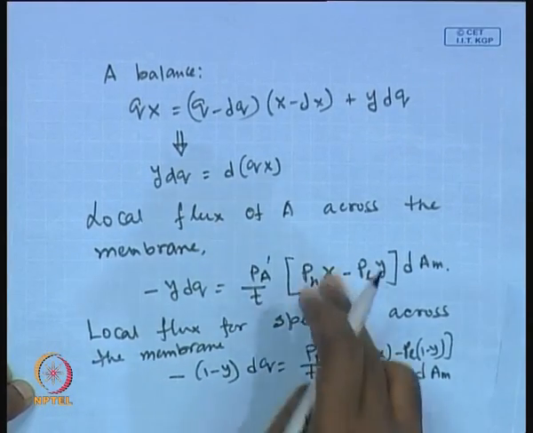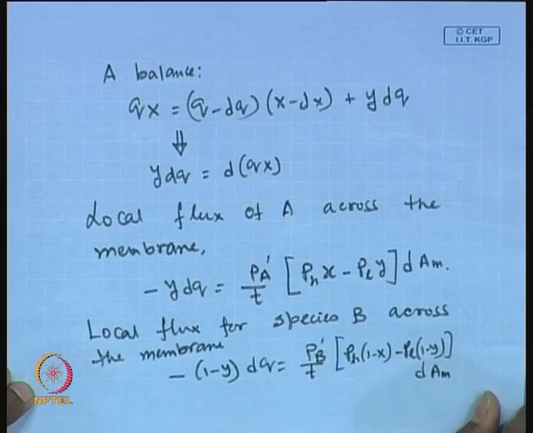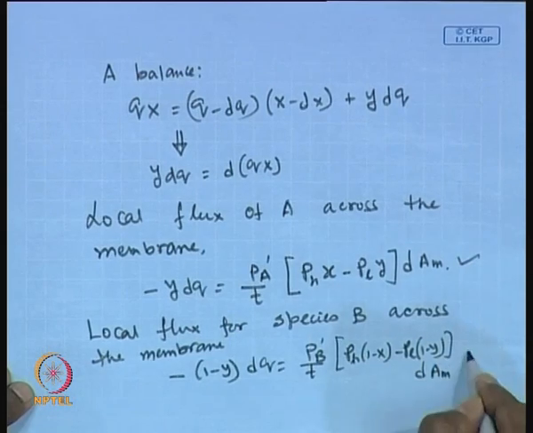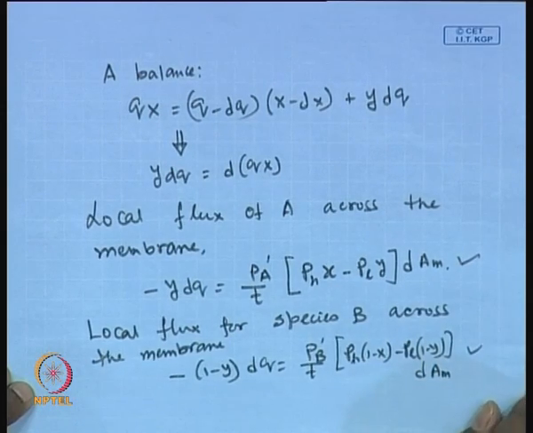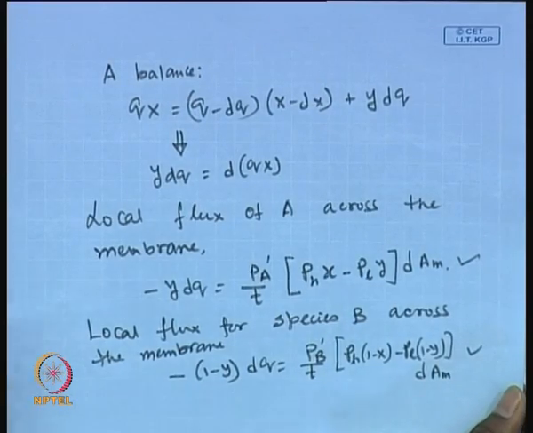Now, if you combine these two equations like earlier, that means you divide this equation by this equation, you will be getting a relationship between y and x with the various P_L and P_H ratio and the permeability ratio.